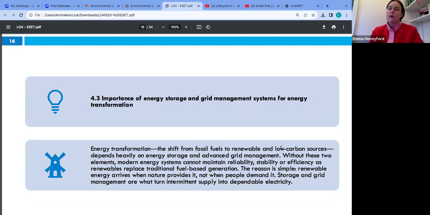Okay, so one really important point to understand to be able to complete this learning outcome is that we need to have firm in our head that energy storage and grid management systems are really important for the transformation for energy security.